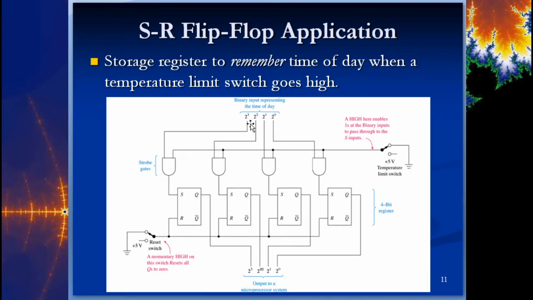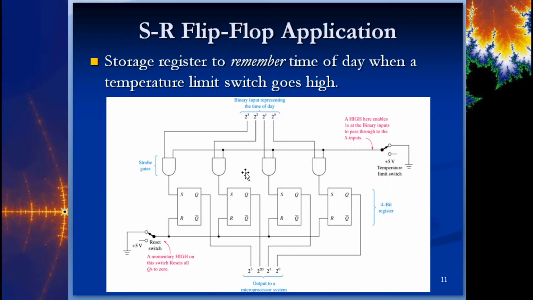But somehow he has decided that 0 to 15 is going to represent the time of day. However that's done, okay? So that time of day is going to keep processing and keep moving throughout the day, however these bits come to these inputs here. And so these act kind of like strobe gates, right?